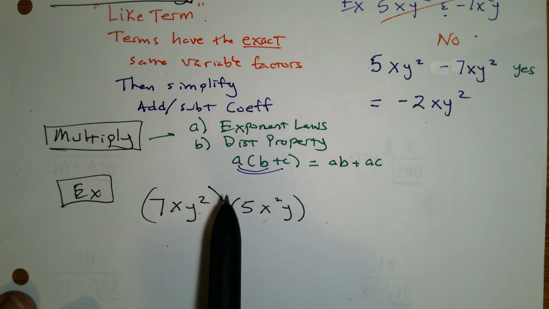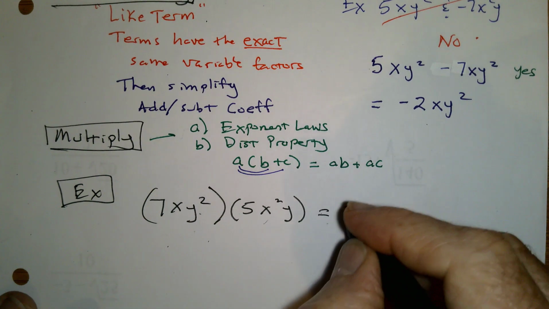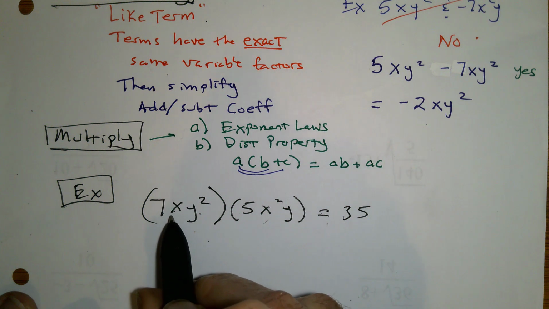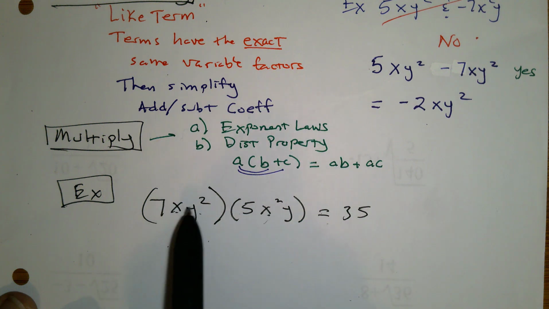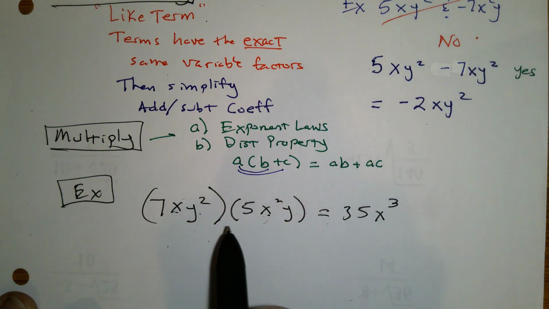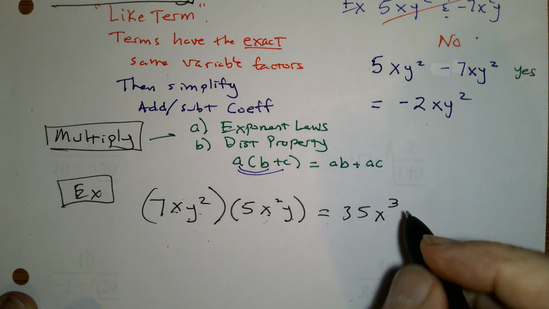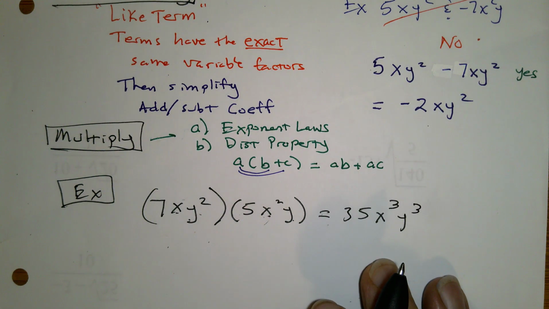Well, except for the coefficients. So you can multiply the numbers together and you get 35. You multiply the x's together. And one of our exponent laws is if you have a base times the same base, you just add the powers. This is x to the first power. x squared times x is x cubed. Same with the y's. y squared times y is y cubed. That's an example of multiplying with a monomial.